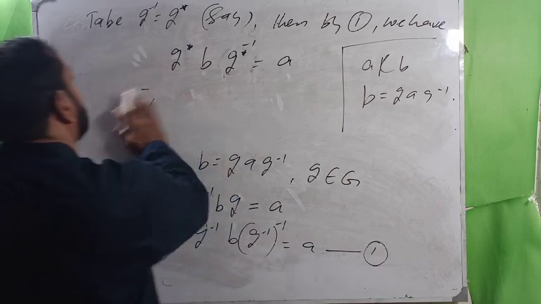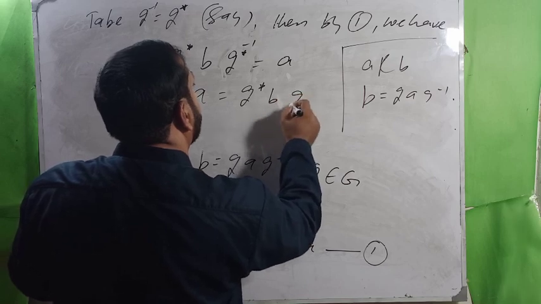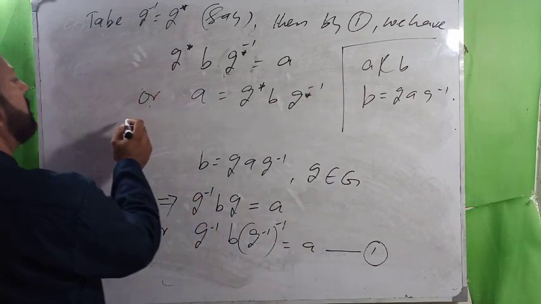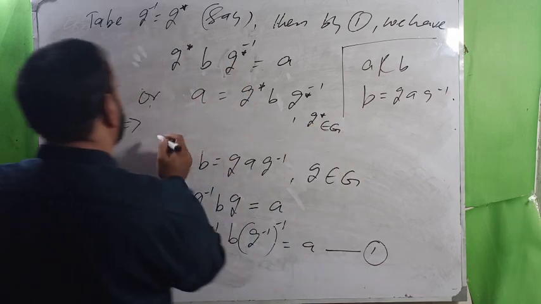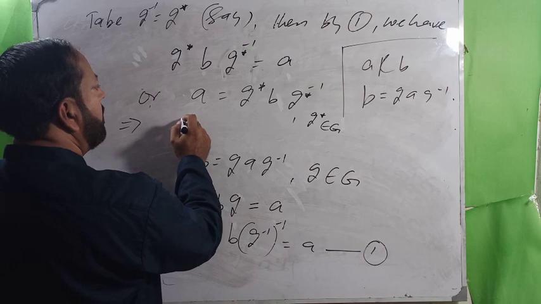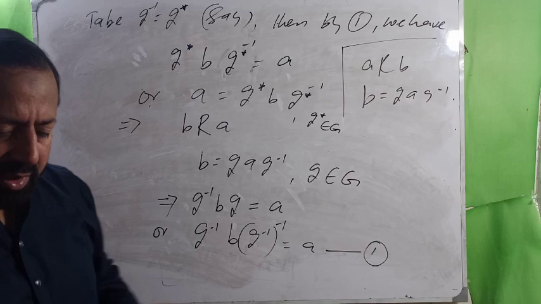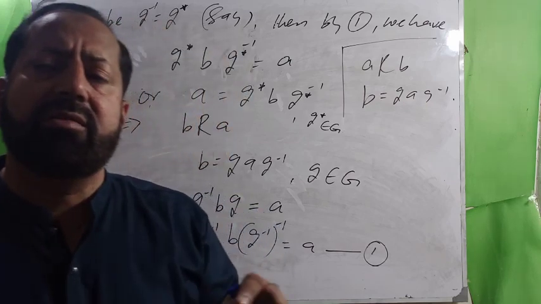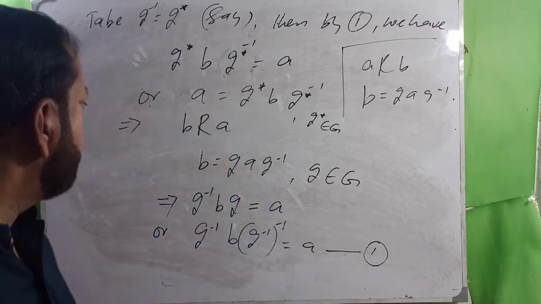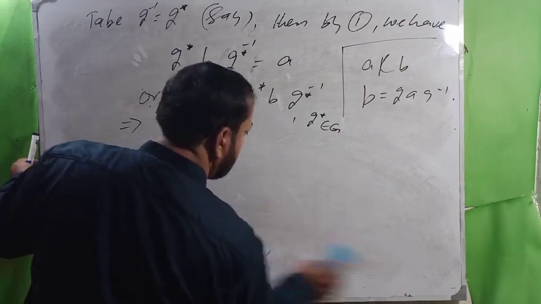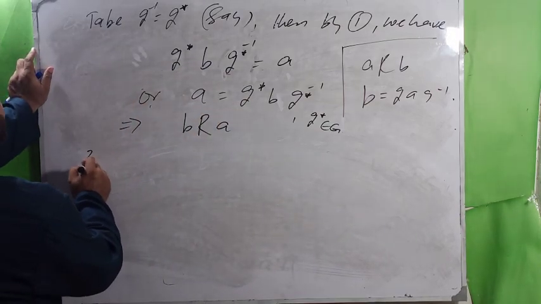So here, you can say that A is equal to G star B G star inverse. So this implies, of course, G star belongs to capital G, so this implies B is related to A. So if A is related to B, then B is related to A, then we say that the relation is symmetric. And the third one is transitive.